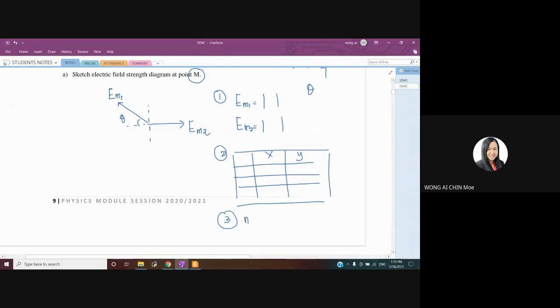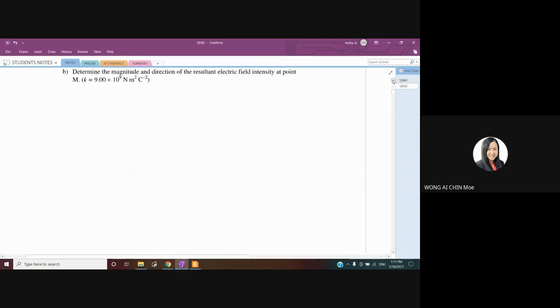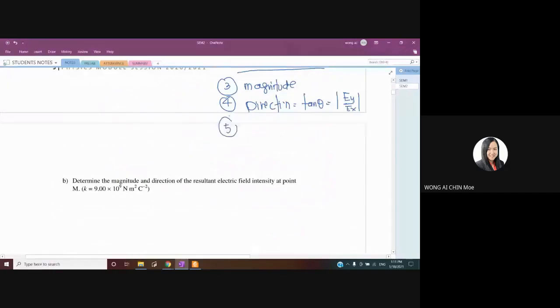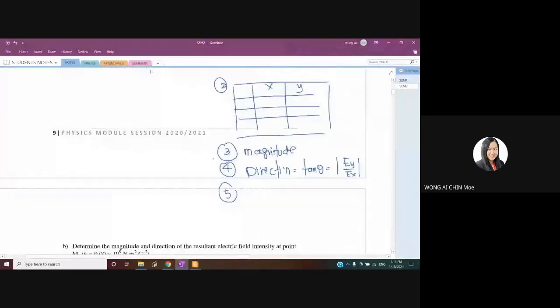Step 3, you must find the magnitude. Step 4, you must find the direction by using tangent theta, and because this is E, we write EY over EX. Step 5, you need to sketch the graph, from the X and also Y axis, at which component.